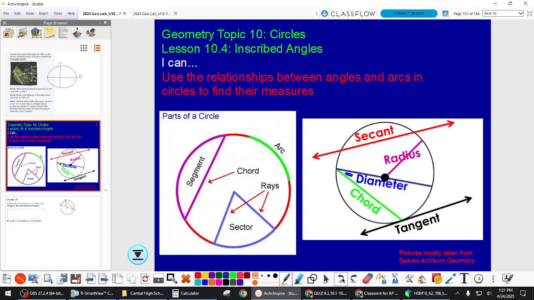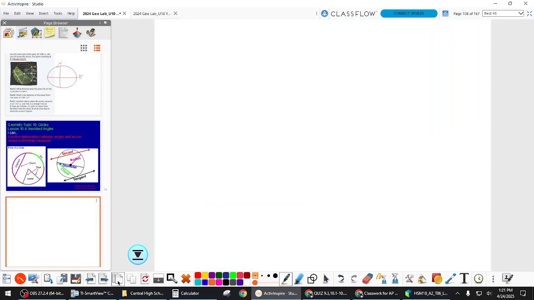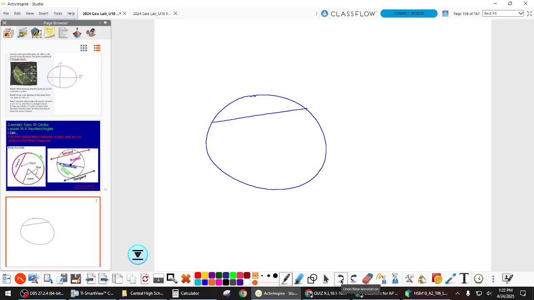I have already started grading, and I do want to address this. So, what is that called? It's a chord. Is it a length or an angle? Huh? Length. So we deal with like centimeters, inches, Pythagorean theorem, those kind of things, right?